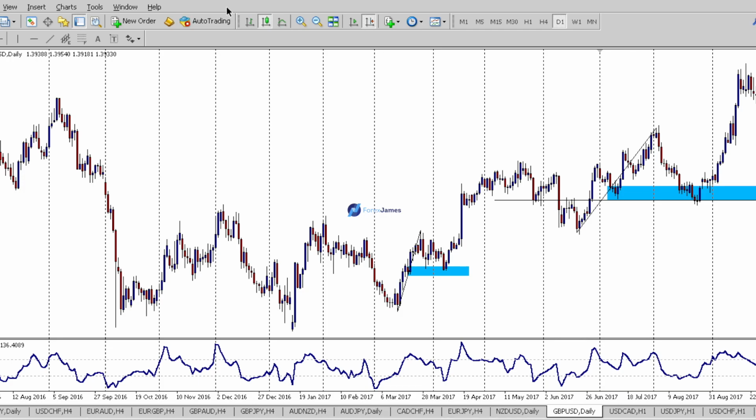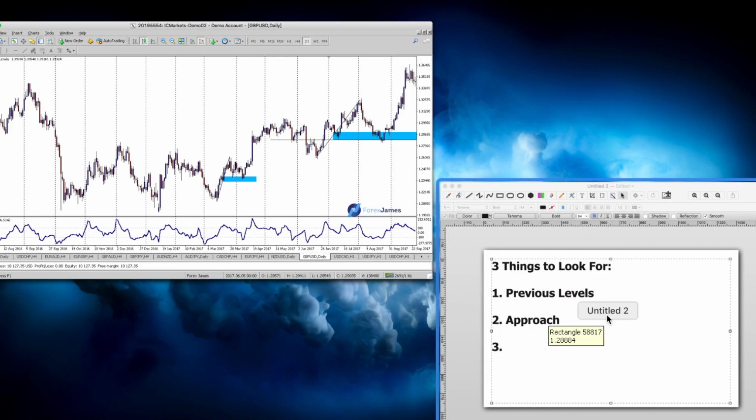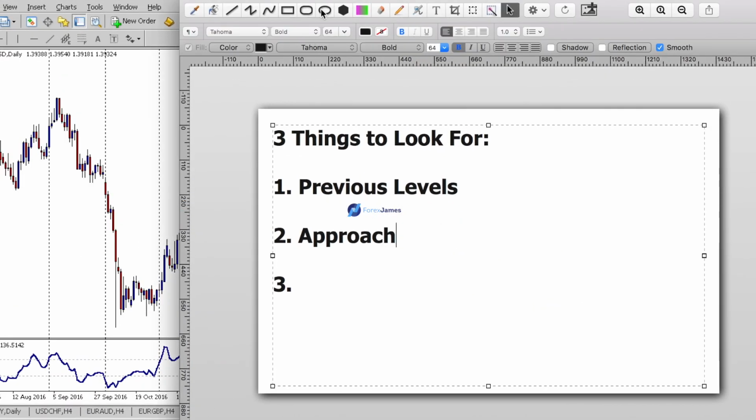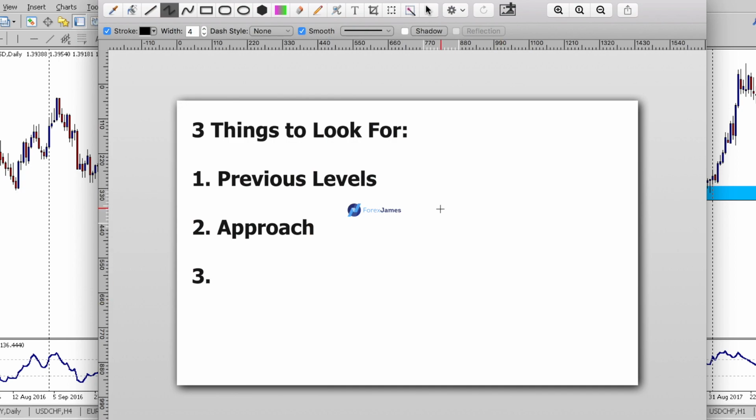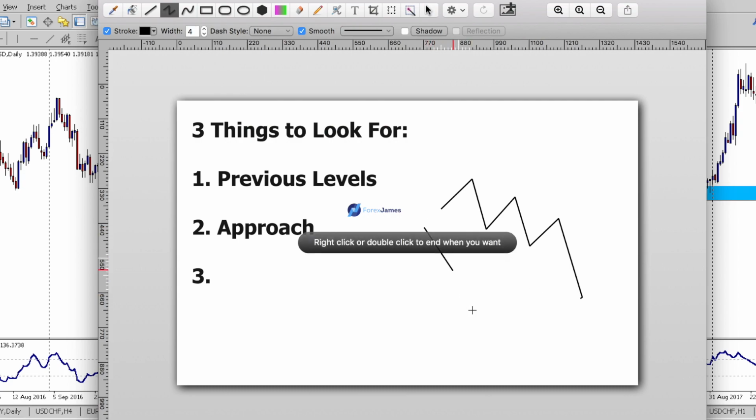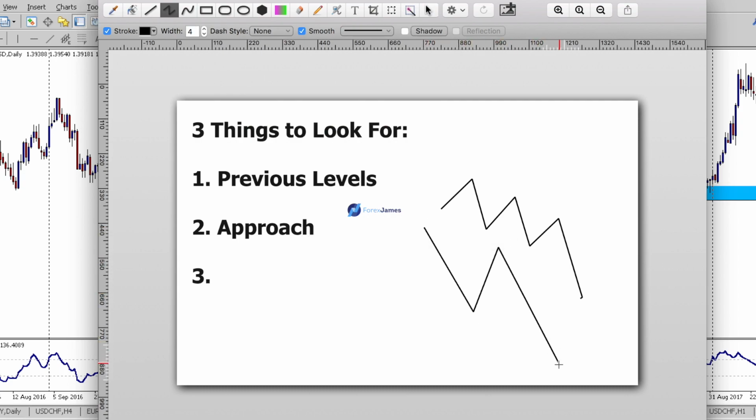So what do we look for? We would look for basically a corrective wave. And how does a corrective wave move? Usually like this, as opposed to like this.